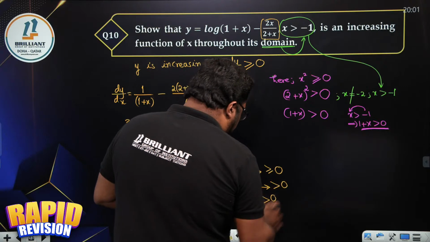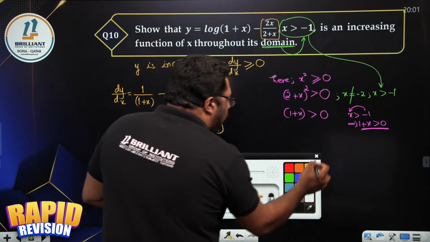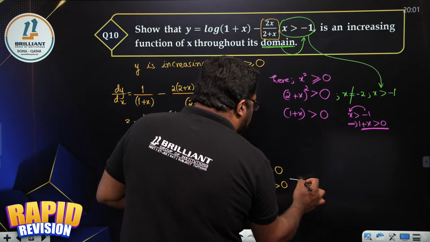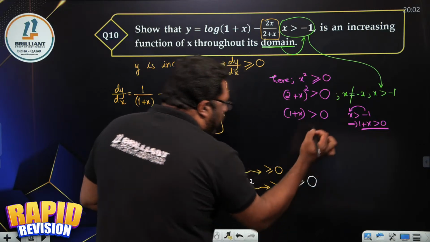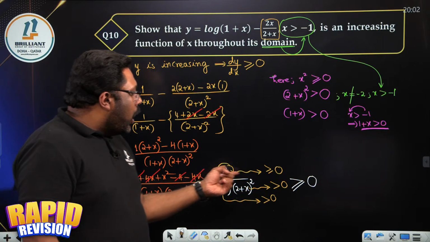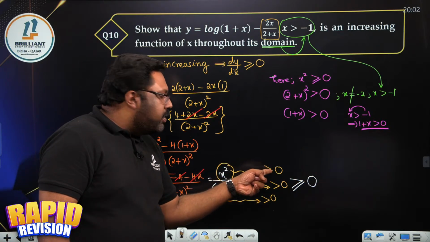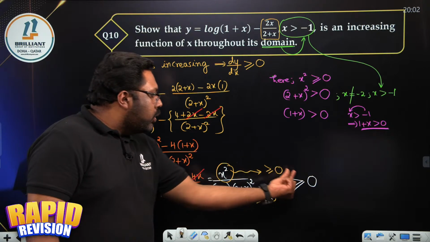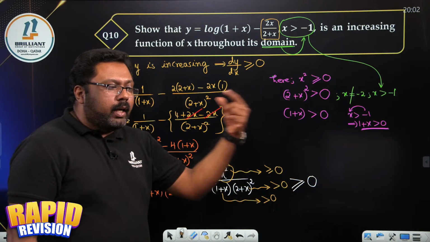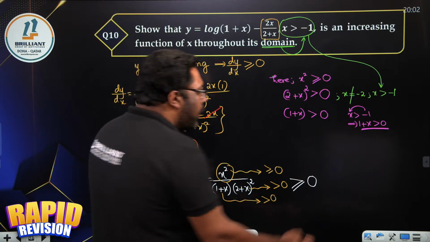So I know that my answer is greater than 0, but I can put also equal to 0 because the numerator can be 0 also. So I can get the answer greater than or equal to 0.